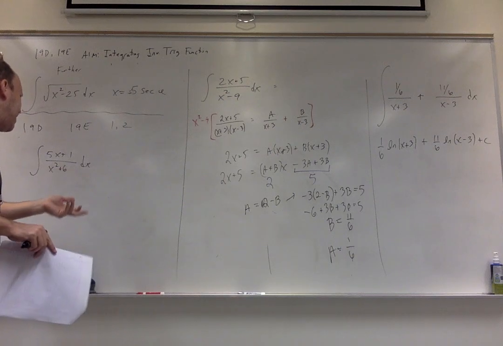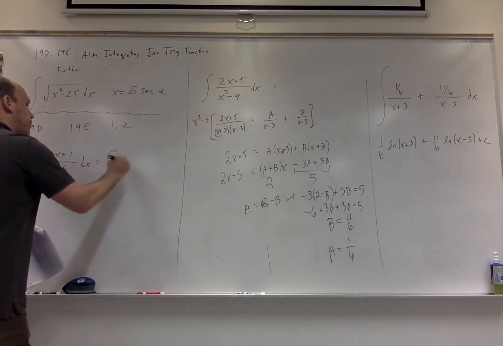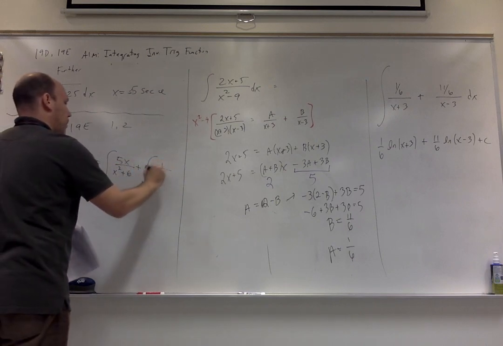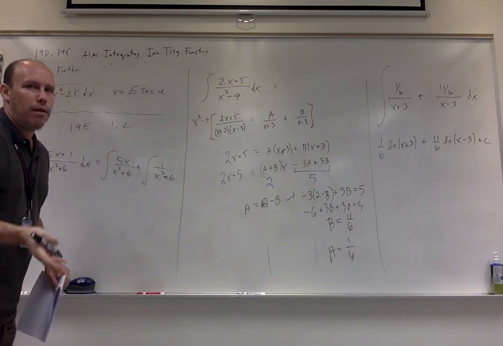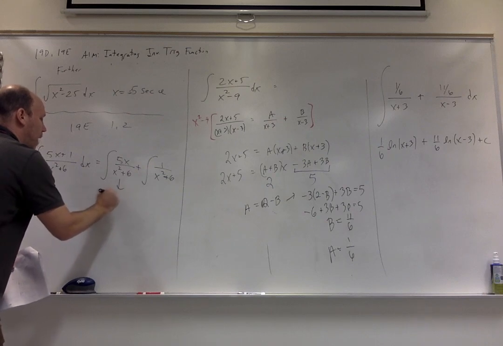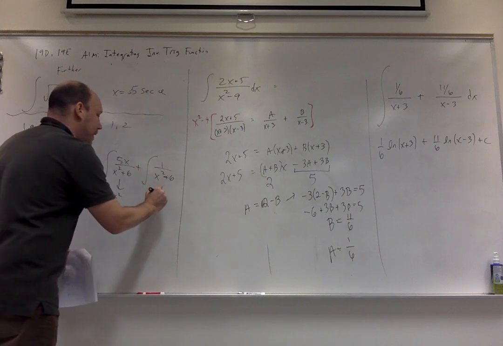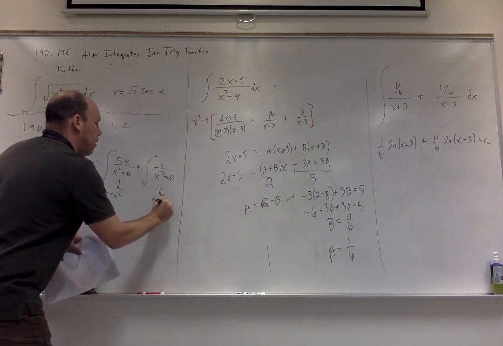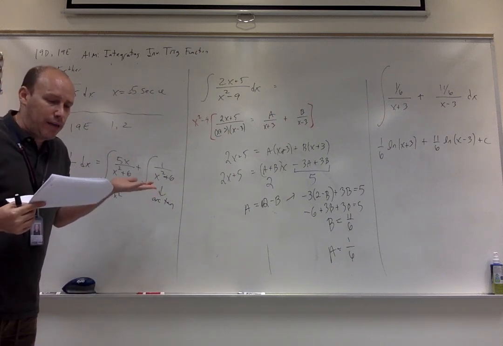And then I realized, no, they just said rewrite it like this. This is simply, just let u equal x squared. And that knocks out the 5x. And then over here, this is just arctangent.